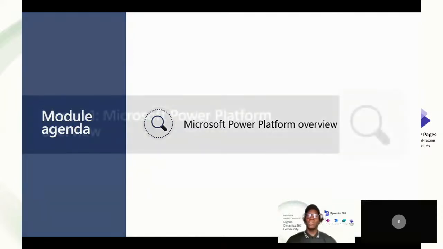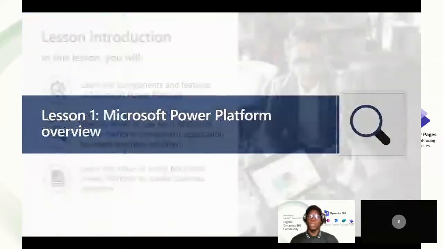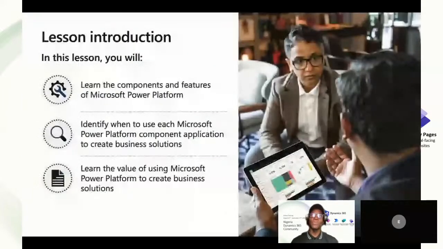The overview of this module is to introduce us to the platform ecosystem and the Power Platform. It gives us a clear understanding of the features each component can offer.